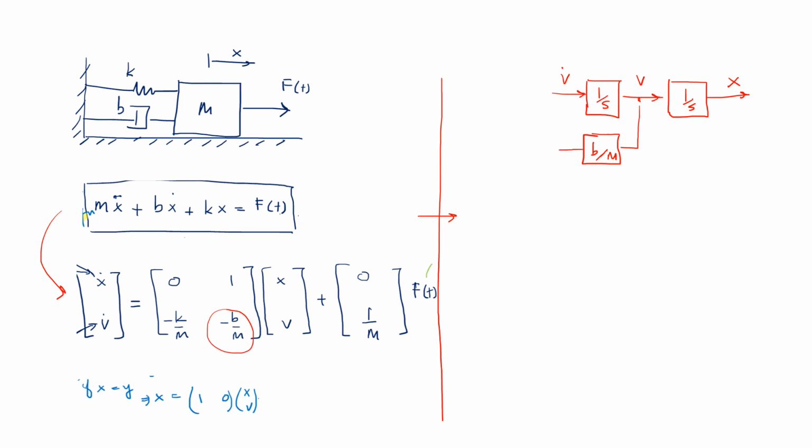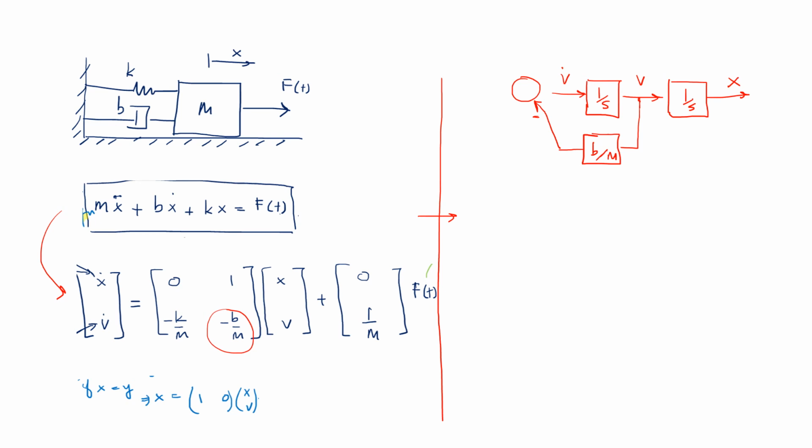And then I'm going to add that to a summing junction. Because you have a negative sign with that, I'll place a negative sign over there. So it means that you have taken this v signal or velocity from here, and you have multiplied with the transformation b over m, or gain b over m, and then you have added it to a summing junction.